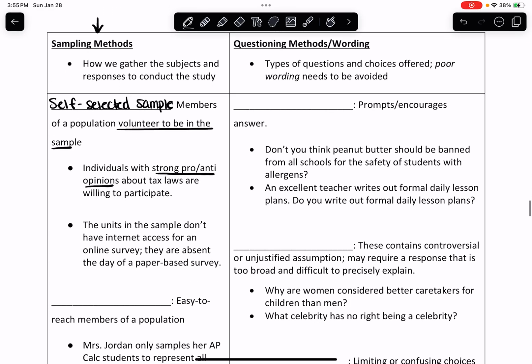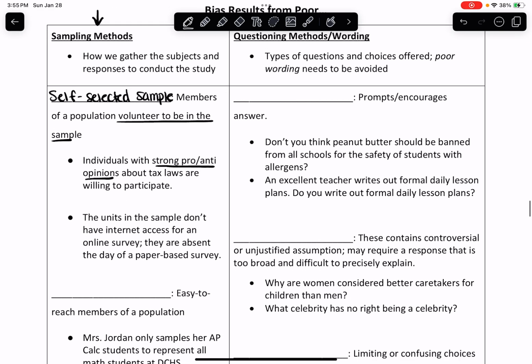And you might also see things if you send out a self-selected sample on the internet via email, then the people in the population who don't have the internet can't access the sample. Or maybe you give it as a paper-based survey and they don't show up the day of the survey. People are choosing to be part of the sample or opting out of the sample in a self-selected population.